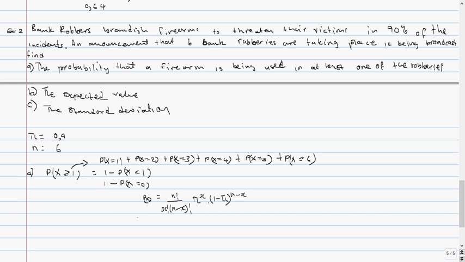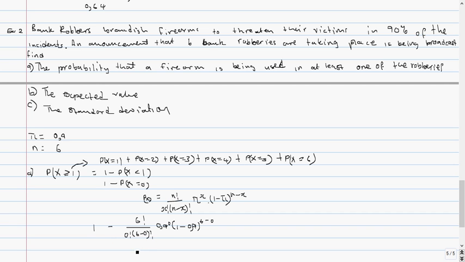So n remains 6 in this case, over x, which is 0 factorial, 6 minus 0 factorial. Pi is going to be 0.9, so 0.9 to the power x, which is 0, times 1 minus 0.9 to the power n, which is 6, minus x, which is 0.